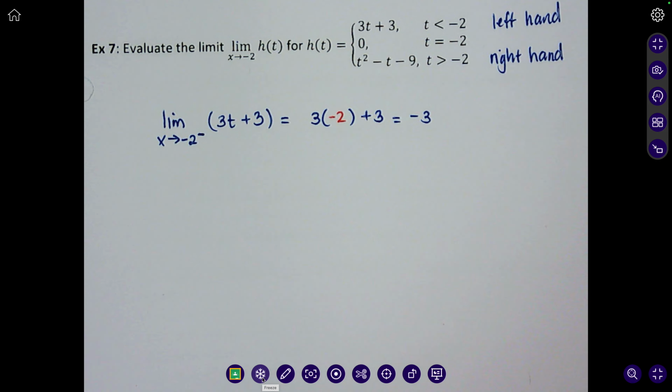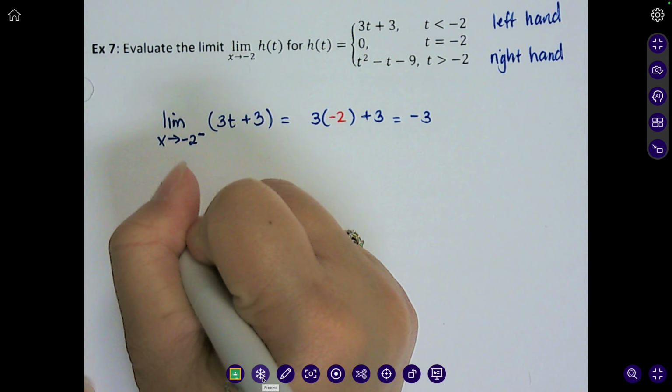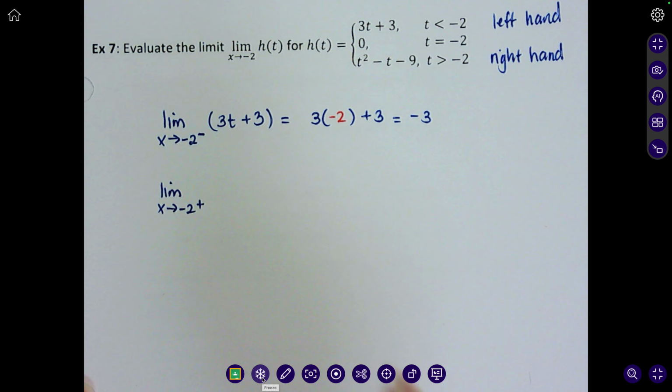Go ahead and get me the right-sided limit, please. Okay, so take a look at the one on the right.